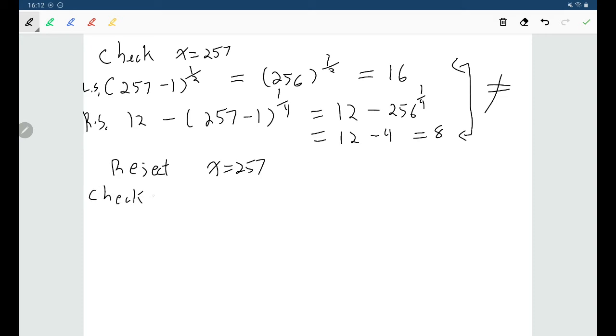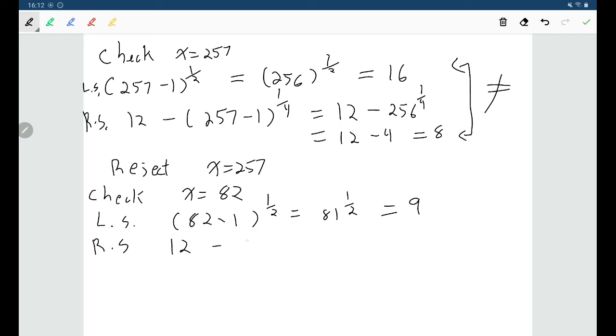And we'll check the other solution, which was 82. So the left side would be 82 minus 1 to the half, or 81 to the half, square root of 81, which is just 9. And on the right side, we would have 12 minus 82 minus 1 to the quarter, or 12 minus fourth root of 81, which is 3.